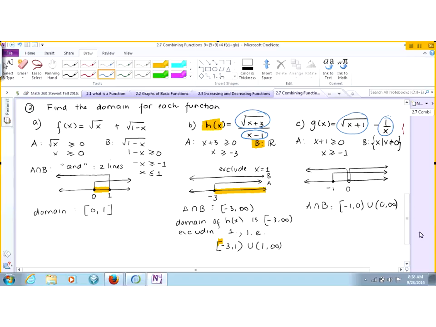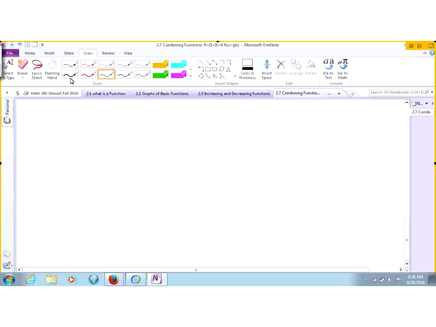Okay. Now, the next one, B, is composition of functions. I think you've heard this. This is f circle g.